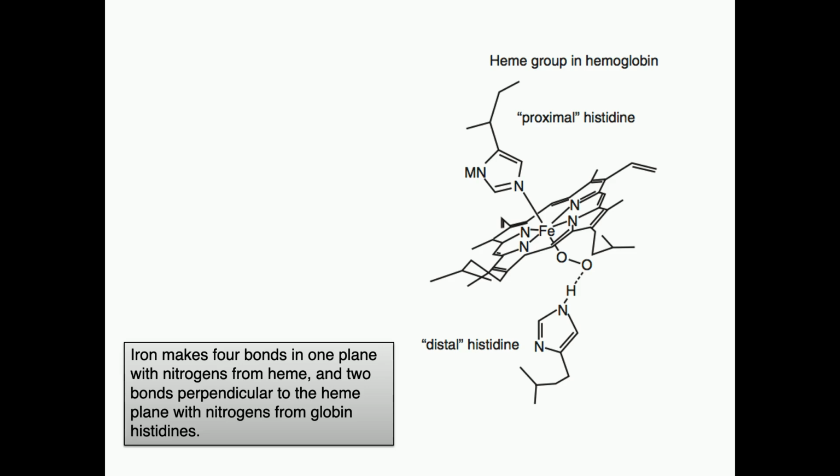And those are histidine amino acid side chains that are provided by the hemoglobin protein. And if anybody got as far as physical chemistry in undergrad, there are probably valence structures of iron that would relate to that, right? Like 6 things that are coming out of it.